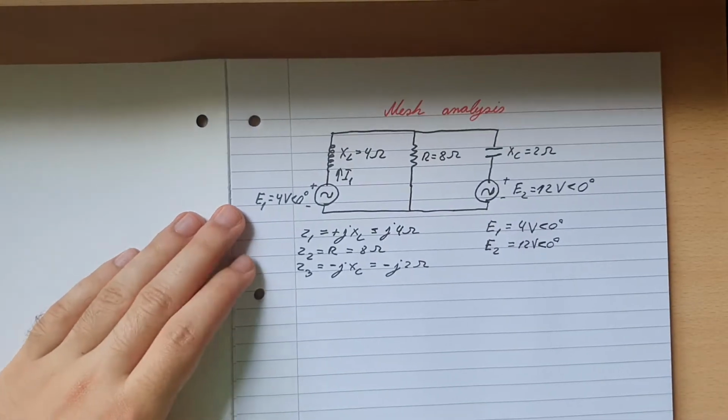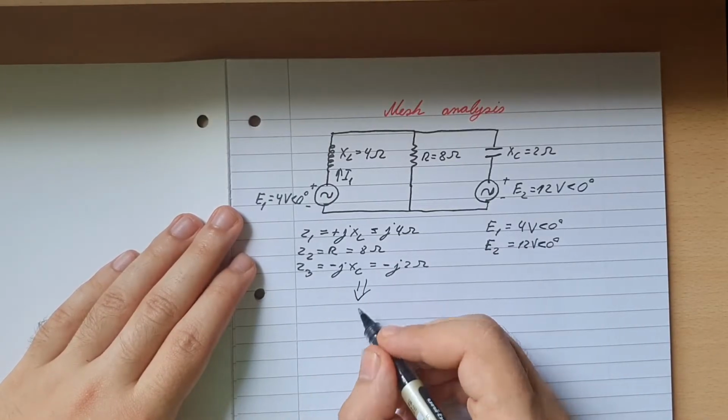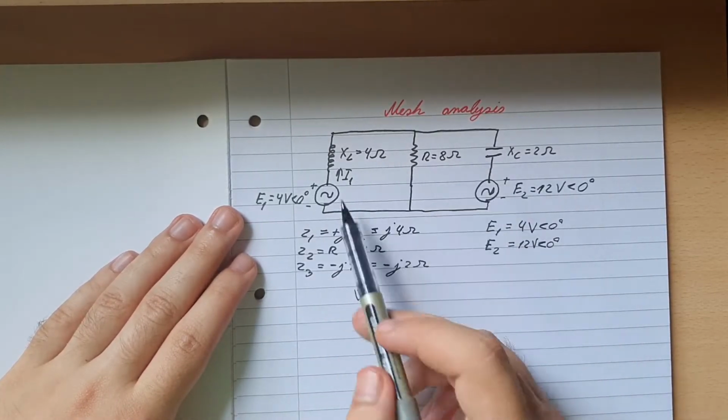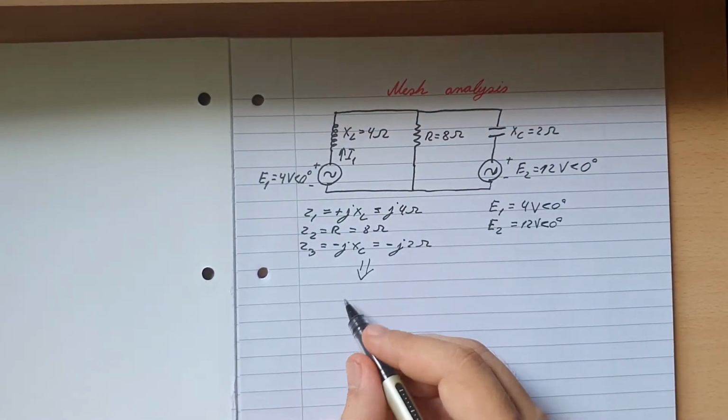Alright, now that we simplified, we can redraw the circuit and get rid of the components so it doesn't look so complicated. We just place rectangles.